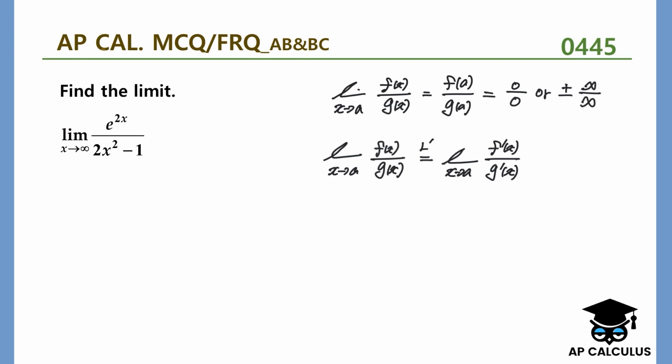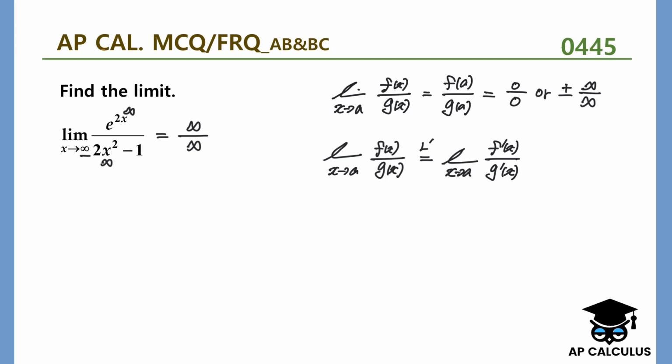If we substitute infinity for x, that's going to be infinity over infinity, which is the indeterminate form, right? So we're going to have to apply L'Hopital's rule to solve this limit.